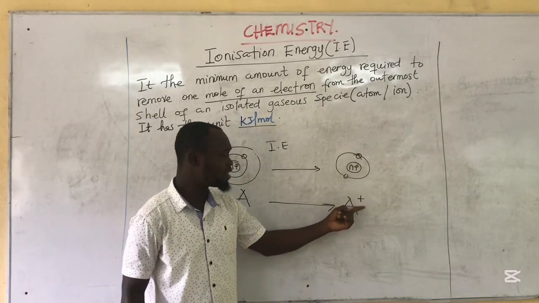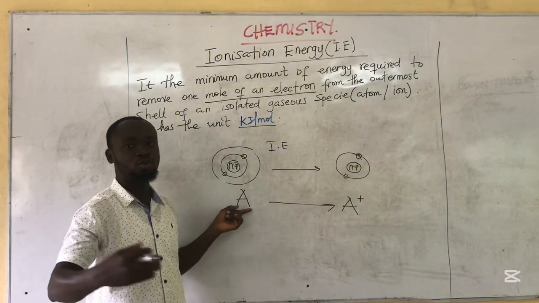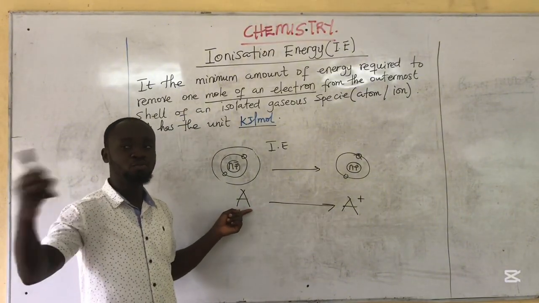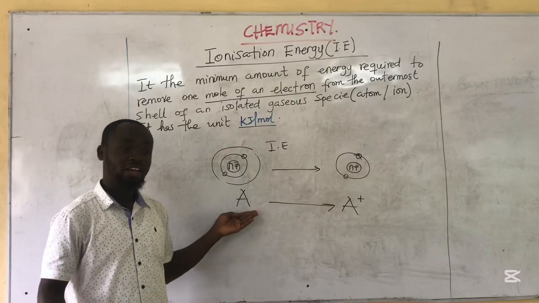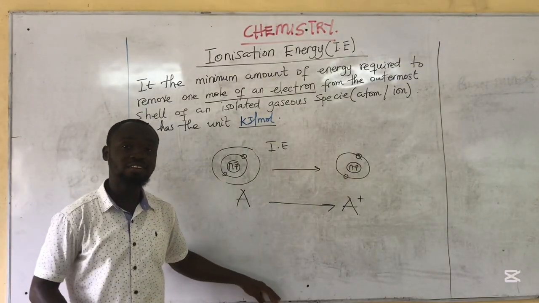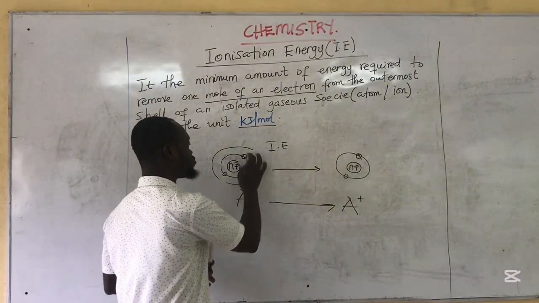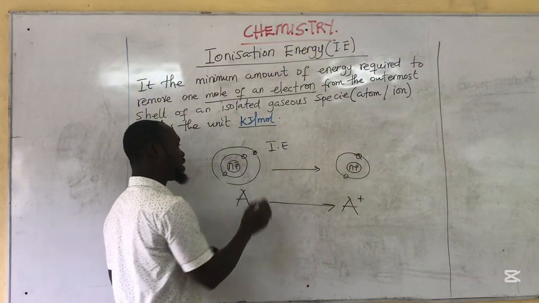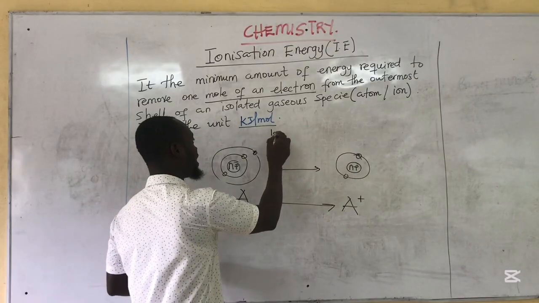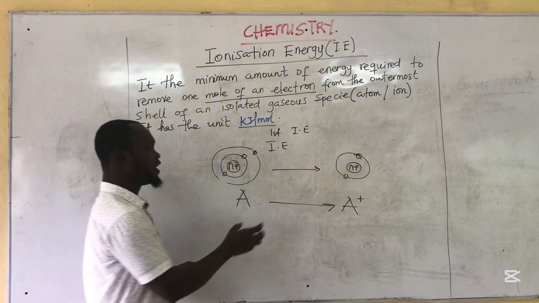The positive charge on the A indicates that an electron has been lost or an electron has been removed from A. Is that okay? That energy that we need to remove that electron is what we call the ionization energy. Is that okay? So if I remove the first electron here, it becomes the first ionization energy or the first IE. Is that okay? To give me this.